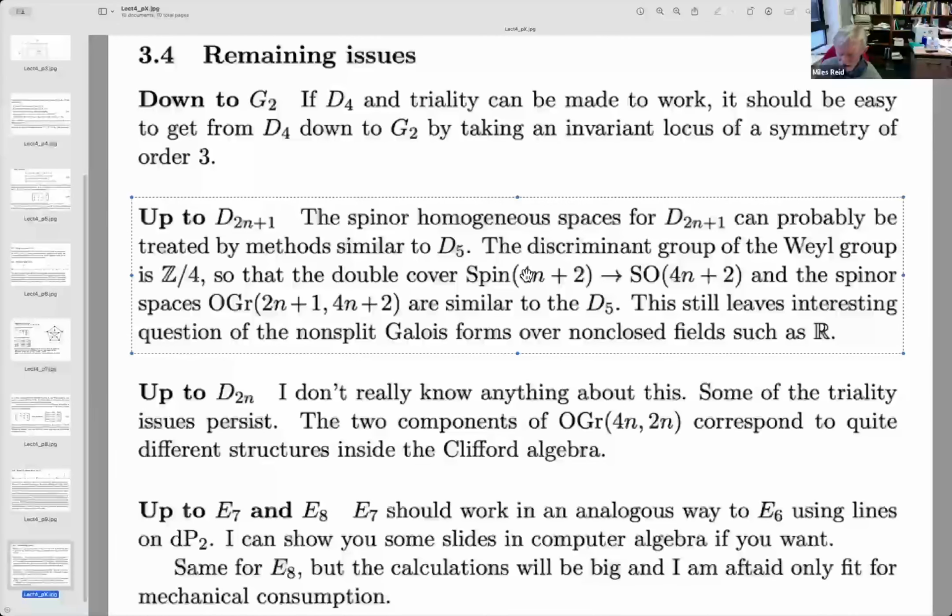By doing this, I'm telling you how to do it. I want to tell you in principle that there should be a method of constructing every simple Lie group.